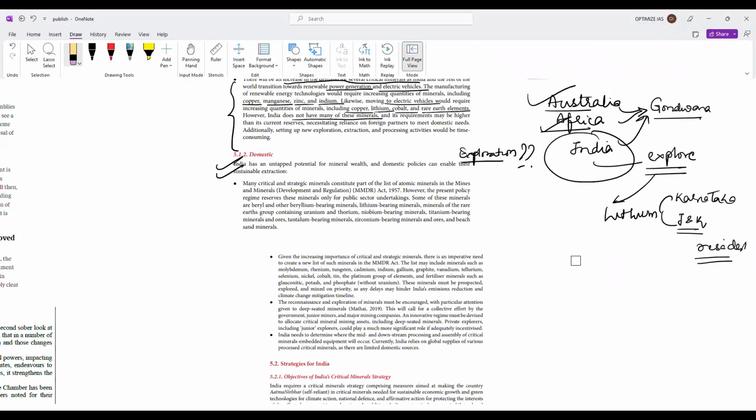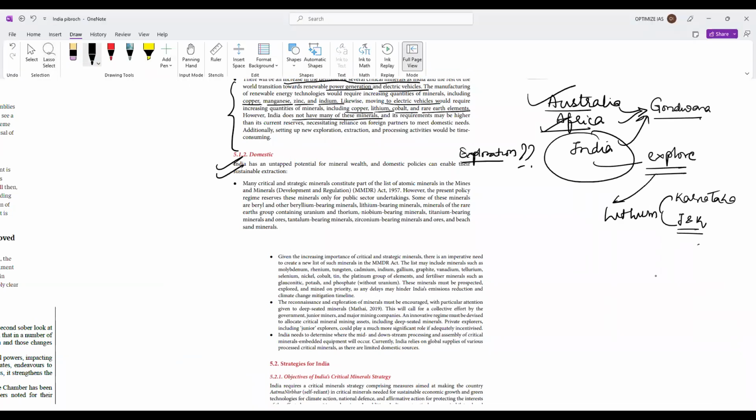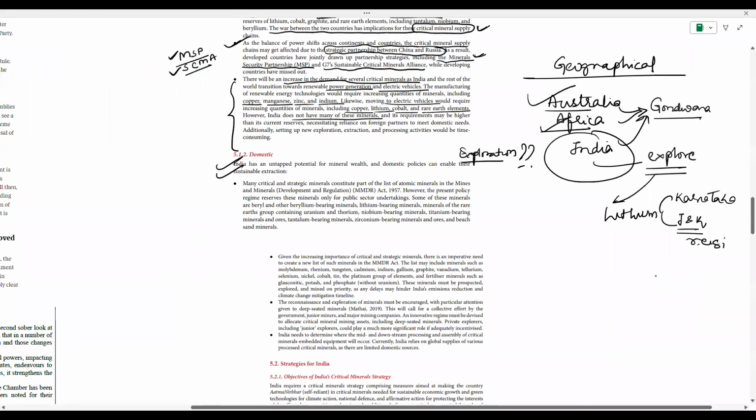This geographical perspective you should understand, many people don't know. Why does India have these minerals? Because India is also coming from the same geography. So this is important.